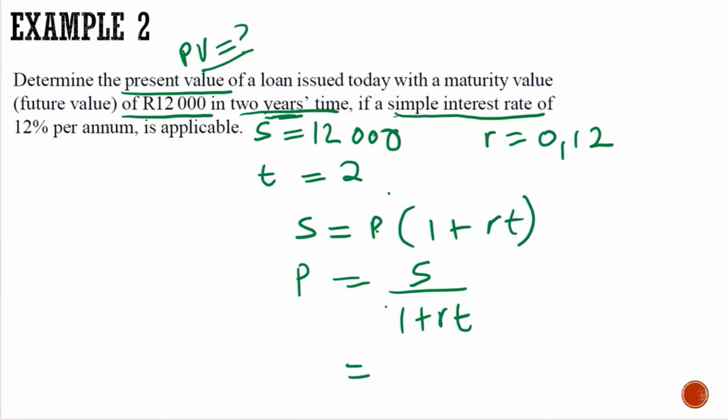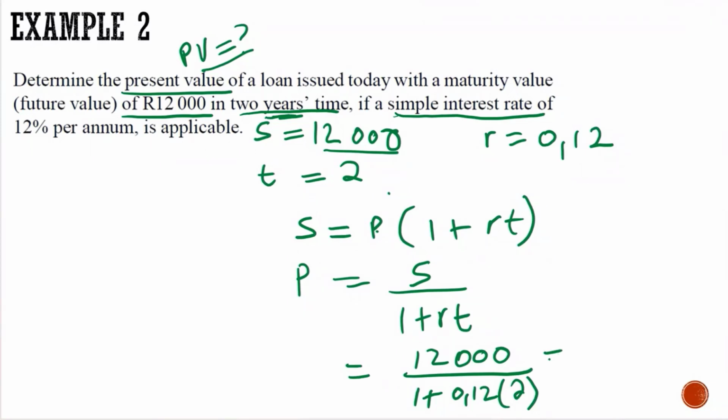So what is your accumulated amount? There is your accumulated amount, it is 12,000 divided by 1 plus our R there, which is 0.12, times the time, which is just equal to 2. You can just plug it into your calculator and you will get that your present value is equal to 9,677 rand 62.